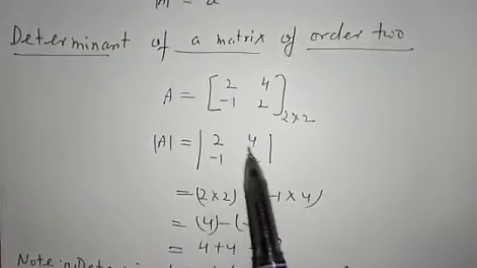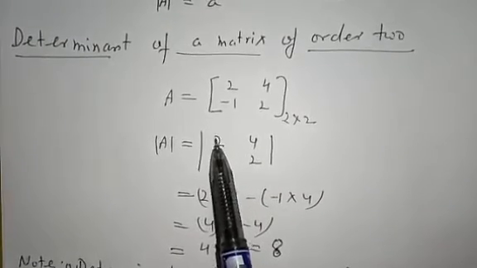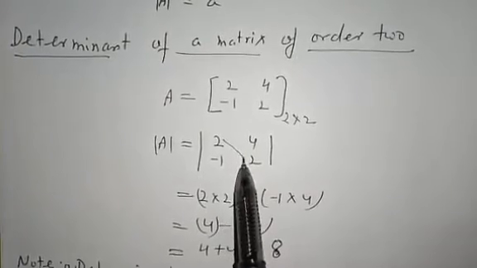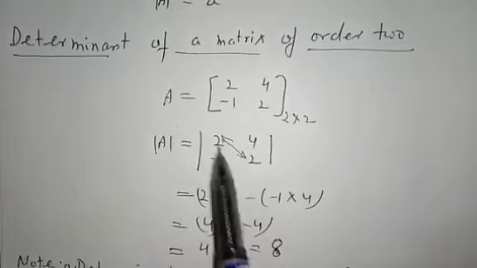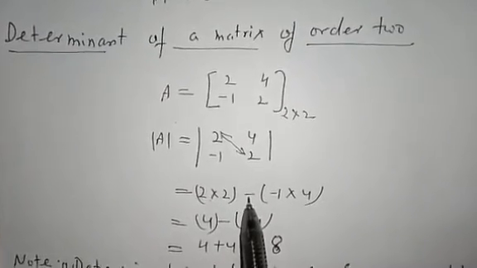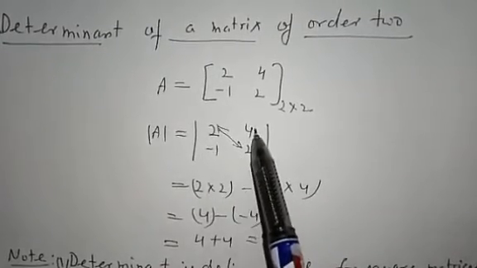For calculating the determinant A in this situation, first of all we multiply the elements of the principal diagonal. These are the elements of the principal diagonal, and we multiply 2 into 2, then minus. Now we multiply elements of the other diagonal.